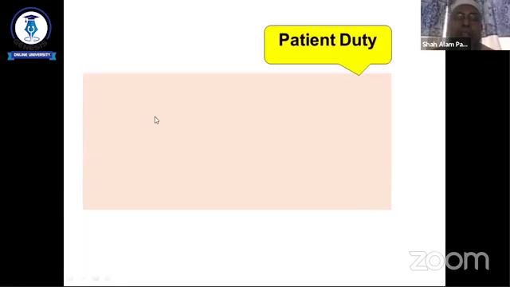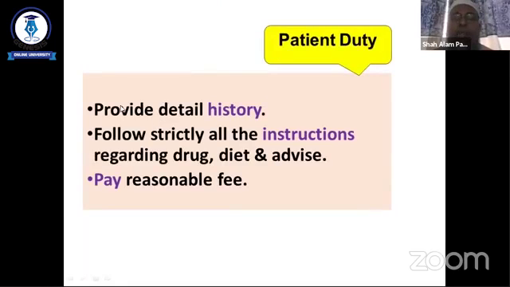Now, the patient's duties are three. The patient will provide a detailed history and will not suppress it. He will follow strictly all the instructions regarding drugs, diet, and advice.